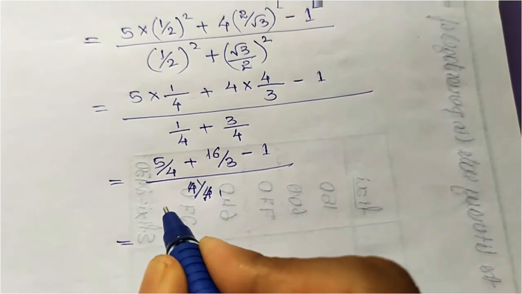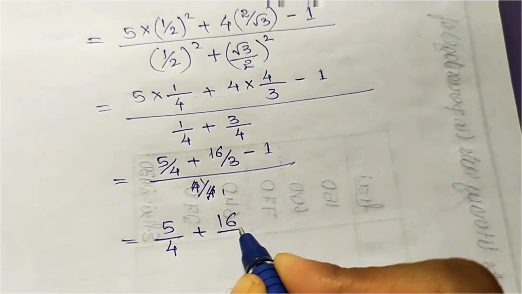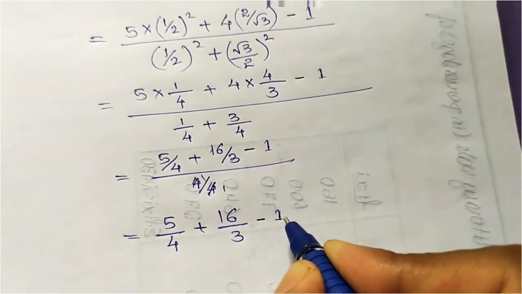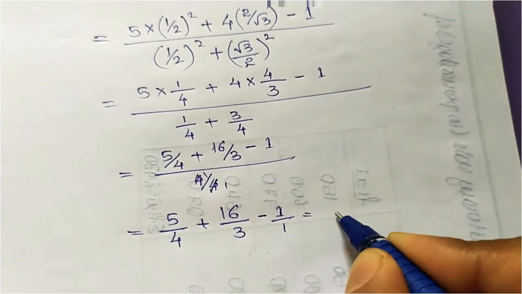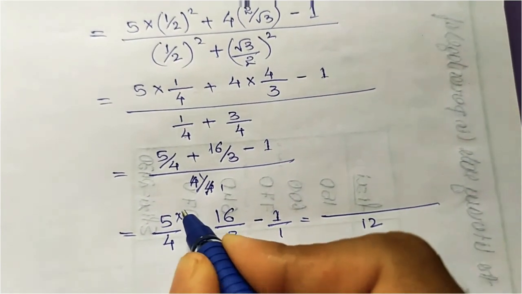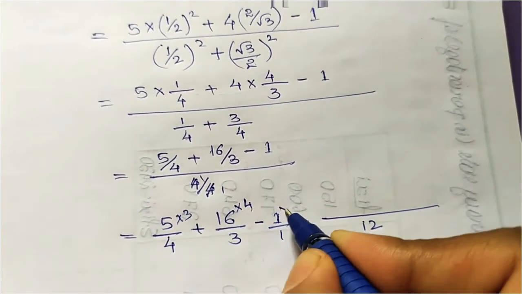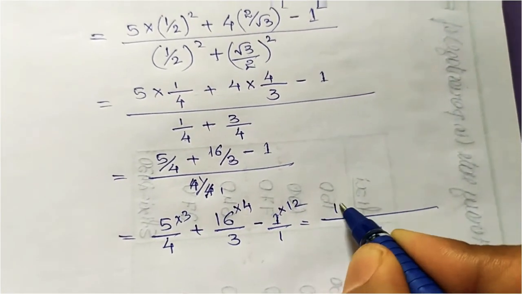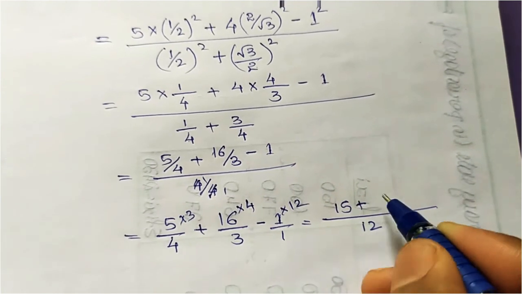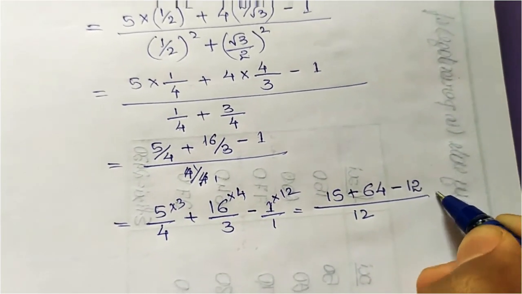Now taking the numerators only, 5 by 4, 16 by 3, minus 1. So taking the LCM, here we will get 12. 4 3s are 12, 3 4s are 12, 4 1s are 12. So 5 3s are 15, plus 16 4s are 64, minus 12.